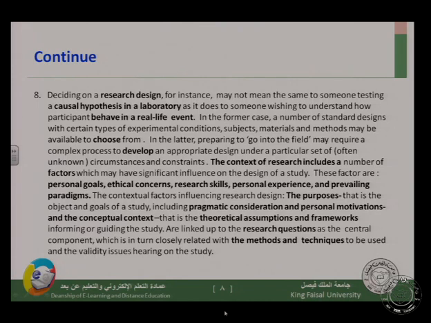How am I going to investigate my questions? What kind of design? Shall I use an empirical study design or a theoretical research study design? So the design is the format you want to use.